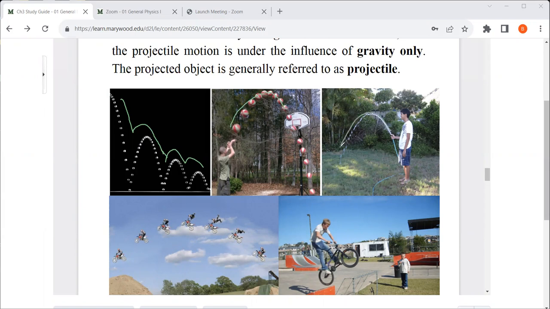Here the water is the projectile, and the water's motion is projectile motion, and so on. You see that for all these real life problems, the motion is parabolic. If you remember from geometry, this is a parabolic path. So the projectile motion follows a parabolic path.